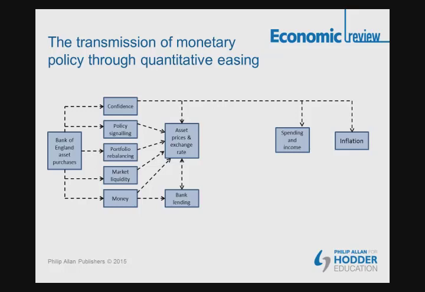The adjustment in asset prices and the exchange rate would also have the effect of reducing the cost of borrowing and expanding total wealth in the economy, which in turn would affect spending and income. Again, this would affect inflation, but this was not an issue at the time.